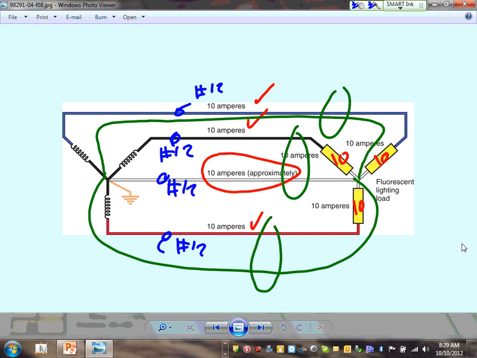It's already rated for 16 amps continuous. So I can stay as is, or I can pull a neutral with every circuit.